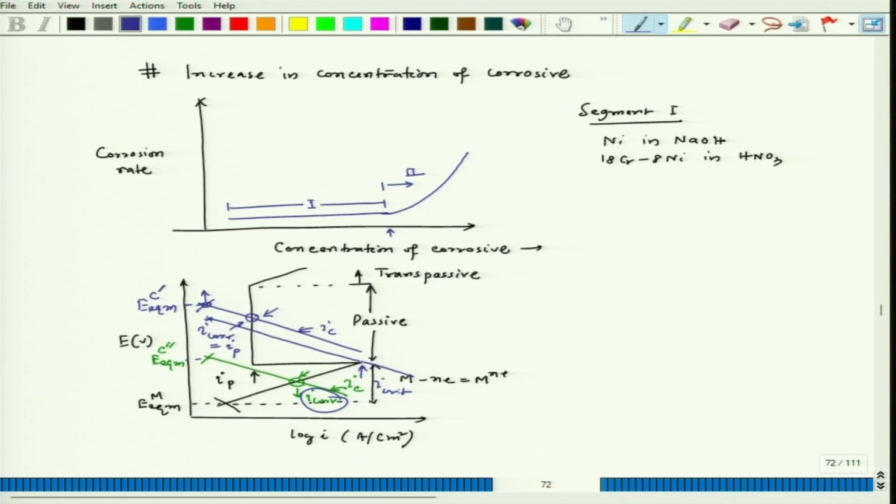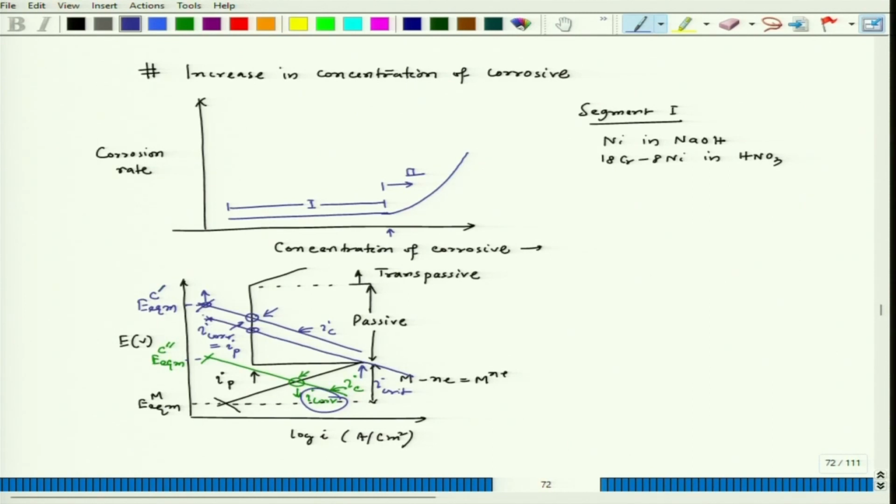So, this is just bypassing the I critical point, which is the maximum point while the metal changes from the active zone to the passive zone. So, once it crosses, this particular concentration of the corrosive would allow the metal to get into the passive zone. Of course, it has to cross that I critical. It should not touch it, rather it should bypass it.